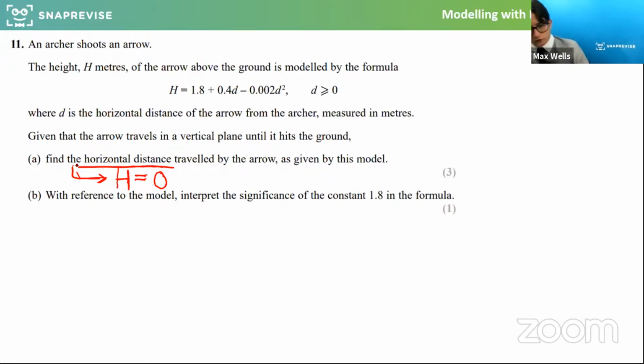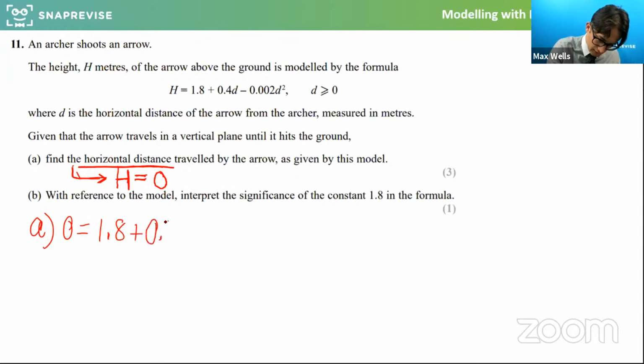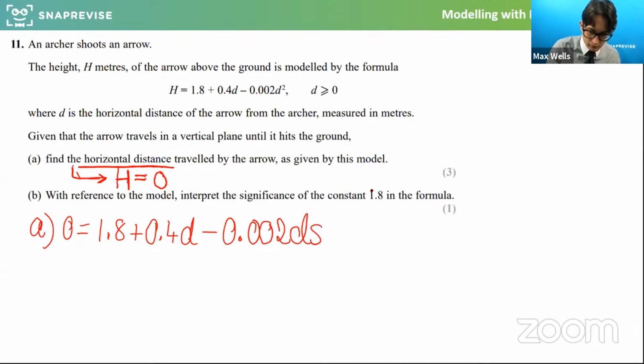Because it's perhaps not straight away obvious. Yeah, so that's what we're looking for. So we're looking to solve h equals 0, which again is just solving a quadratic, which you can do.